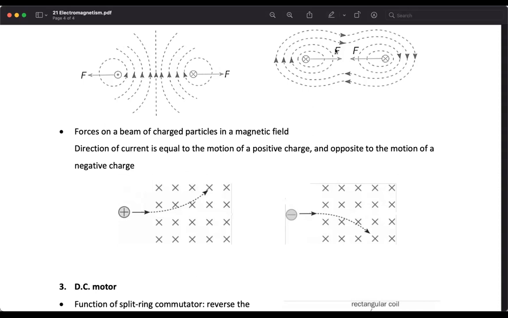For example, this is a conventional current moving from left to right. Every current will have a magnetic field around it. The magnetic field reacting with the magnetic field here, if they are in opposite or perpendicular directions, will always produce a force.